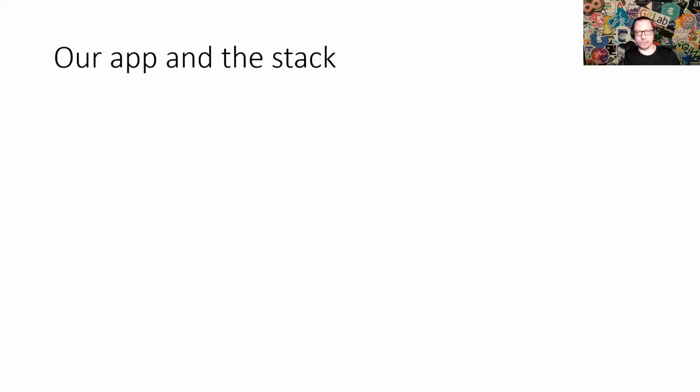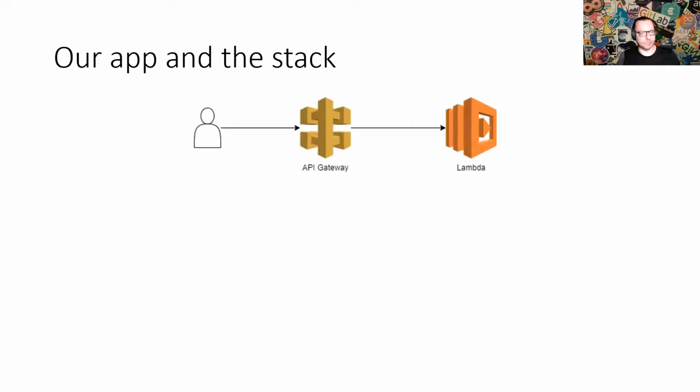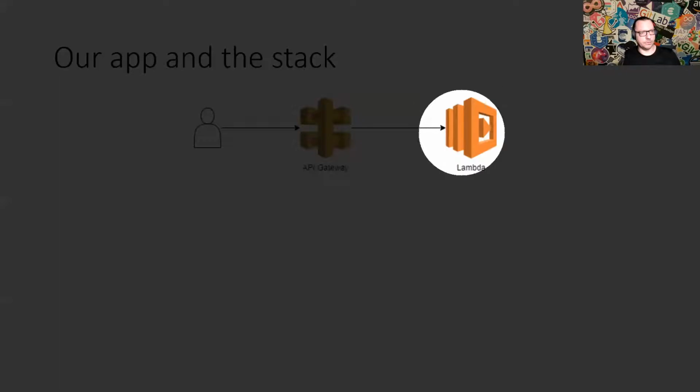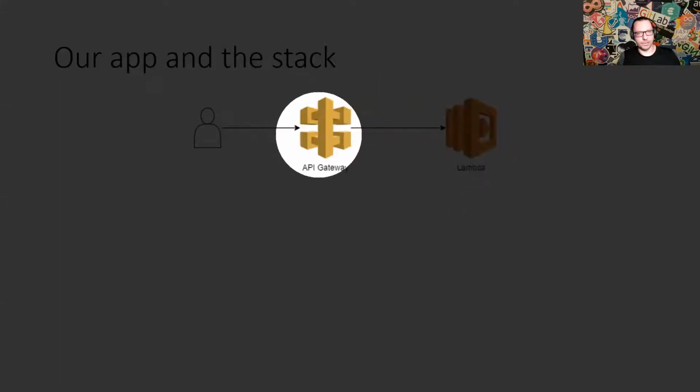So today we will do something very simple, but hey, as we are experienced DevOps people, we do something simple in a very complicated way, because why not? So we will deploy a very simple application which contains only two elements. The two elements are a Lambda function, and this Lambda function is behind the API gateway.